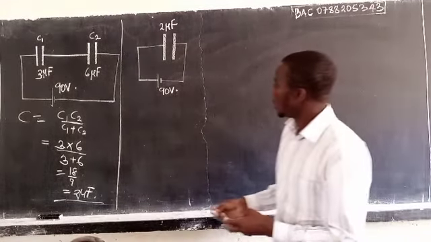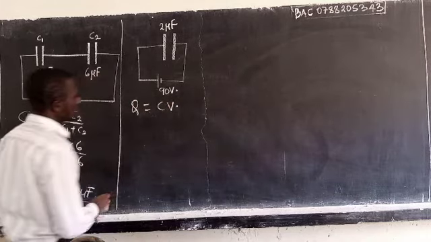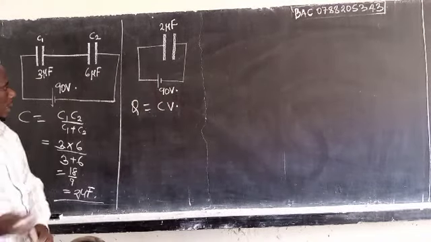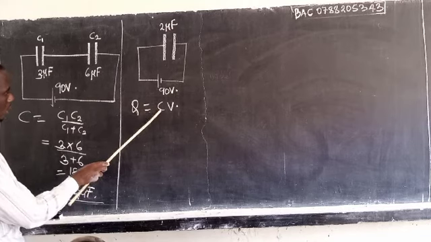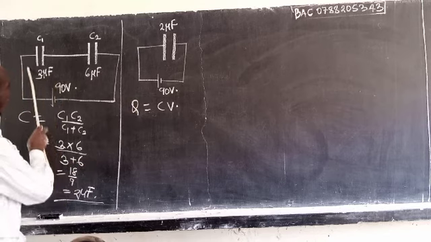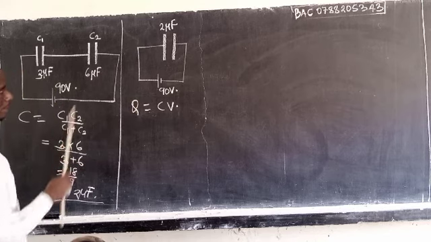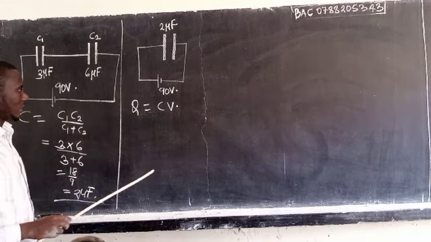Then the charge is CV, and we have the voltage, so you can get the charge. Now, this charge will be the total charge on the equivalent capacitor.